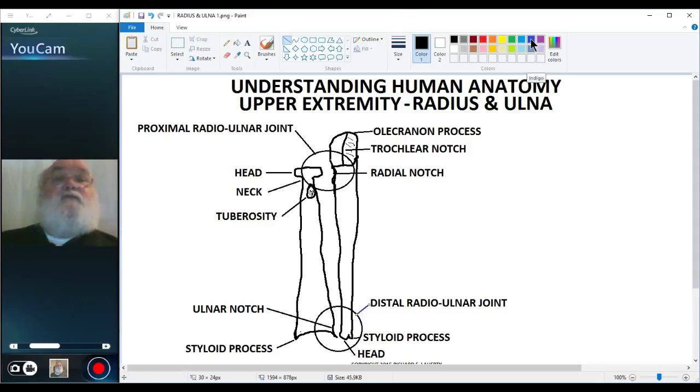Now, there's a third joint between the radius and ulna. And that third joint is a type of joint called a syndesmosis. And a syndesmosis is a type of joint that does not have a fluid-filled space between the bones, but rather is made up of strictly ligament.